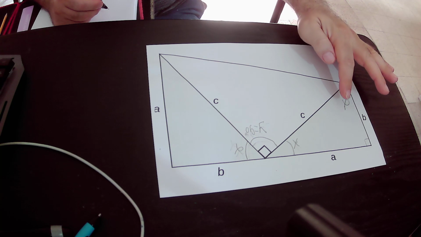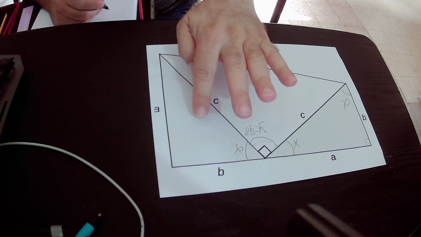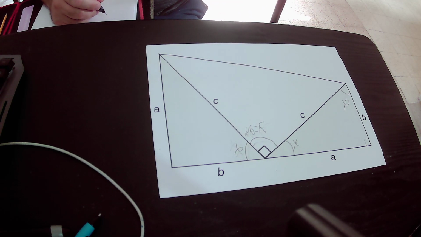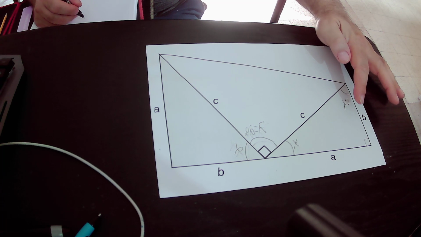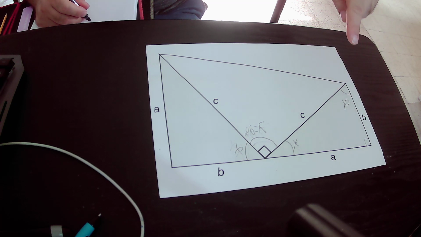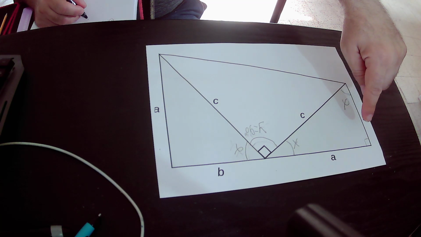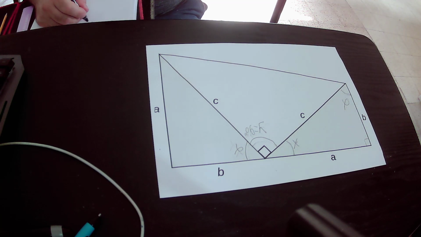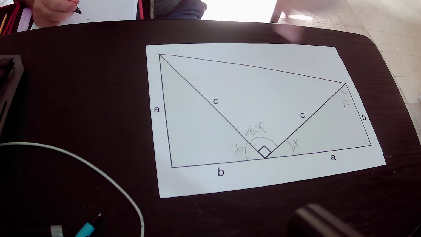The area of this triangle plus the area of this triangle plus the area of this triangle will be the area of the trapeze. So S equals the area of the right triangle, that is its base, A, times the height to the base, B, all divided by 2. So the area of the right triangle is A times B divided by 2.